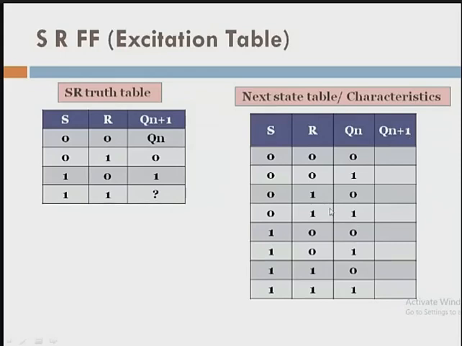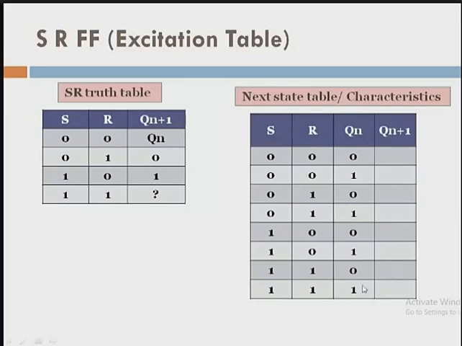This is a very important thing. So how many variables are there on the input side? There are 3 variables, so the total number of combinations is 8. Write down the 0 to 7 combinations: 0, 0, 0, then 0, 0, 1, and in this way write down all 8 combinations.